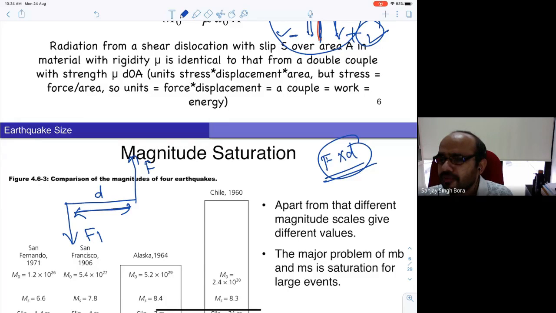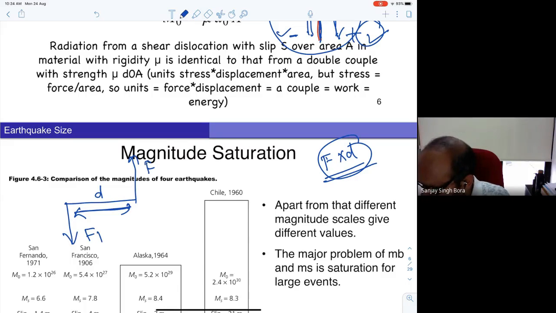So the angular momentum is not conserved. But whenever an earthquake occurs, we don't see rotation. We mostly see shearing. So in order to keep the momentum conserved, so that the material close to this is not rotated, you will have an opposite moment.